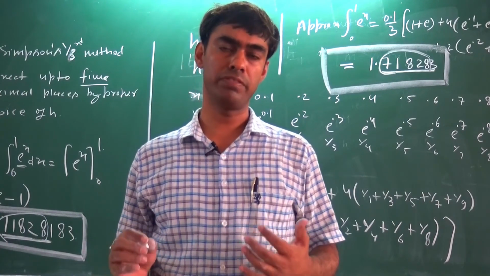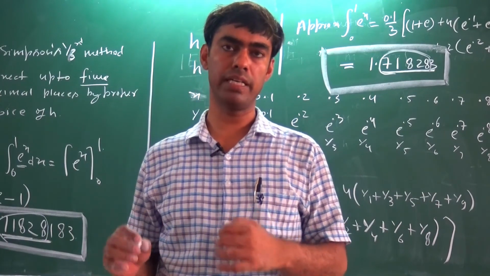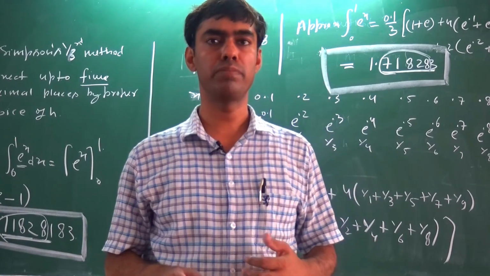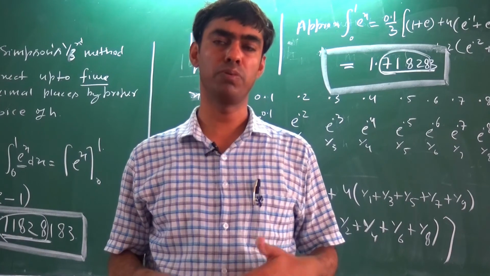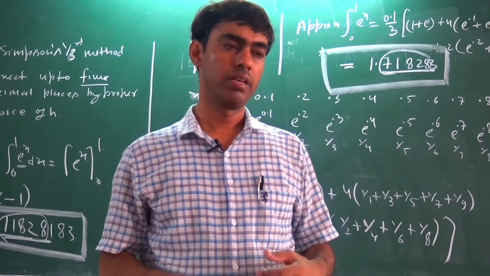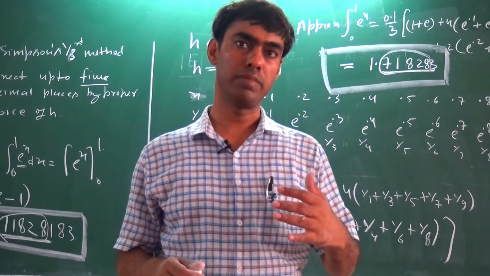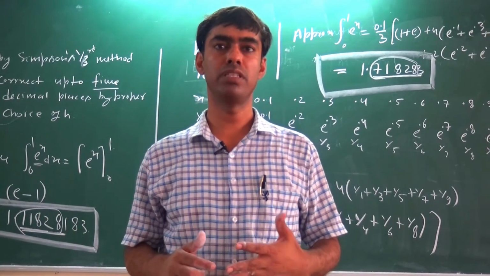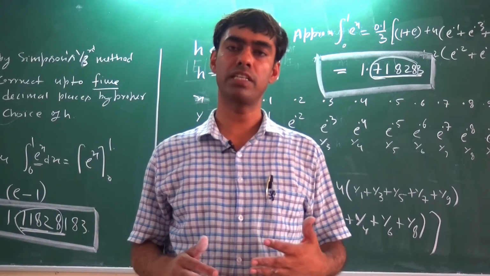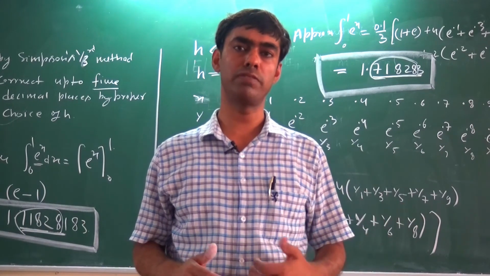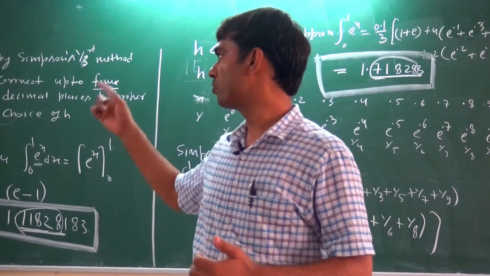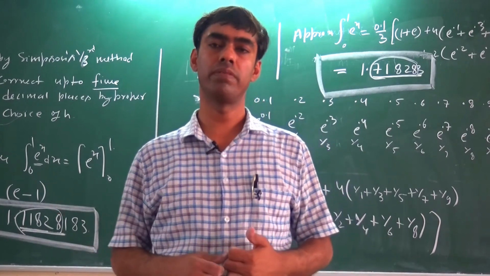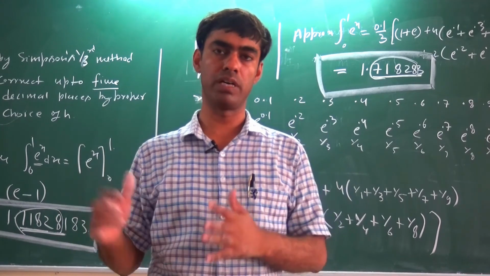If we try to find it correct up to 7 decimal places, then the error must be less than 10 to the power minus 8. With the help of this information, we are able to find the value of h. Here h may be a factor of 2, maybe any value which has a factor of 2, like 0 to 0.5, then 1, there is a factor of 2, 2 parts.